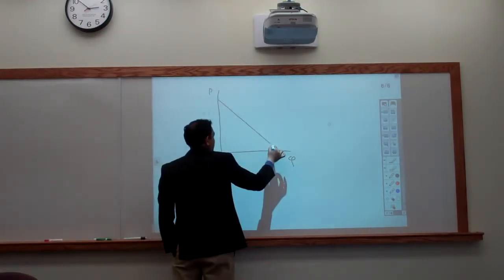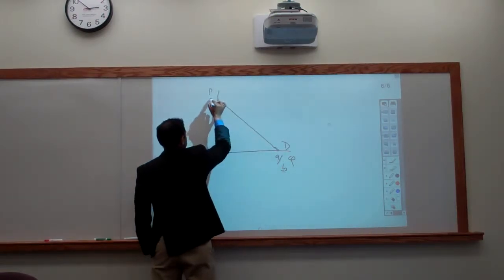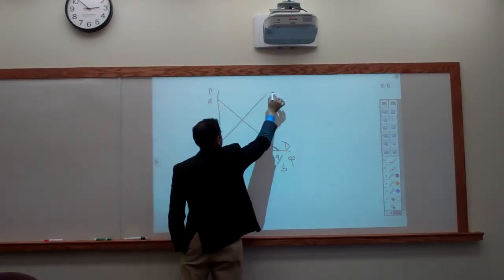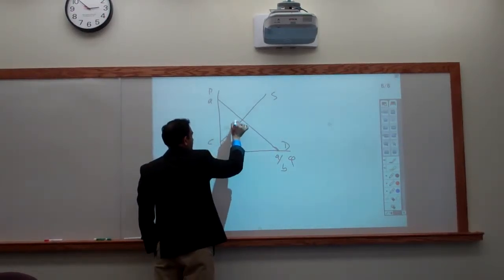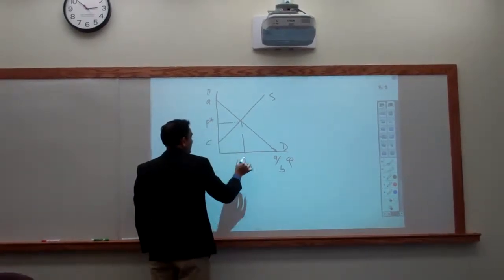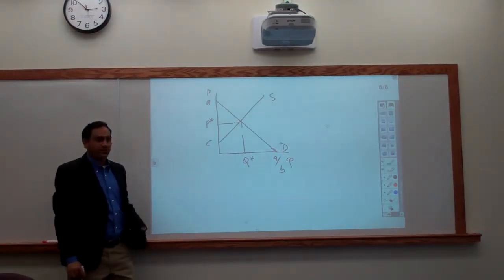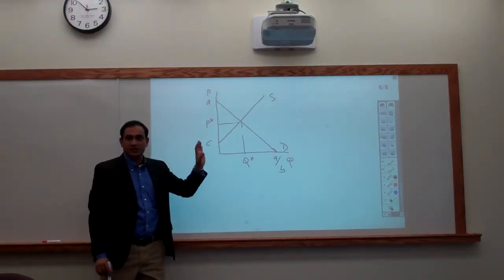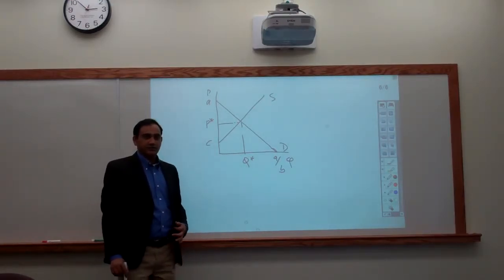That's your demand curve, A over B, and this is your A, and that's your supply curve. So we are interested in finding this, P star and Q star. Our objective next is to find P star and Q star, the equilibrium price and equilibrium quantity.